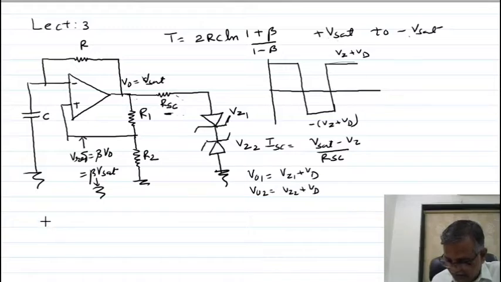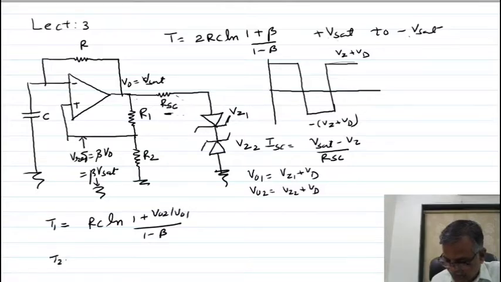And at that time, the periodic time of a positive half cycle can be given by this equation, and for a negative half cycle it is given by this equation.